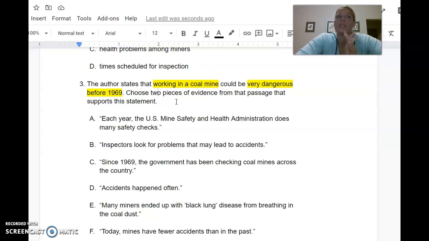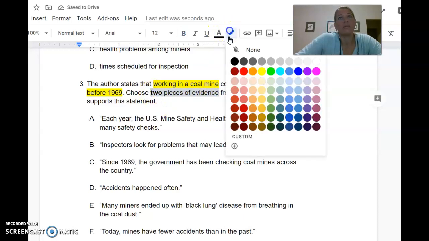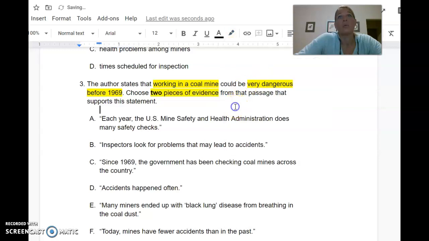So I'm really paying attention to before 1969. And then I need, again, 2, not 1, but 2 pieces of evidence that support that. So I'm looking for some proof.